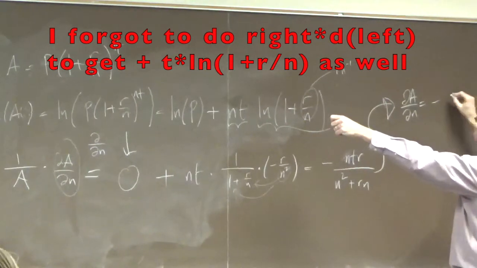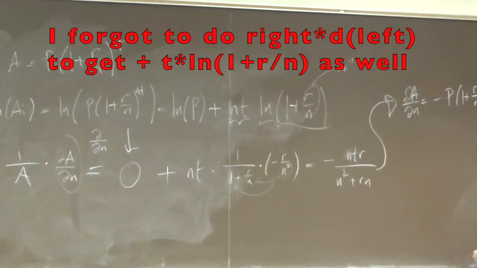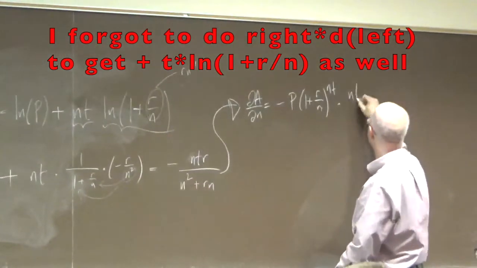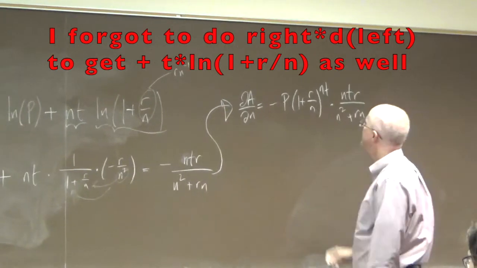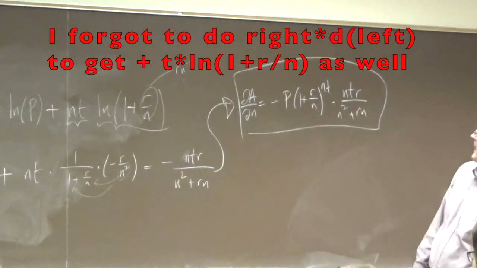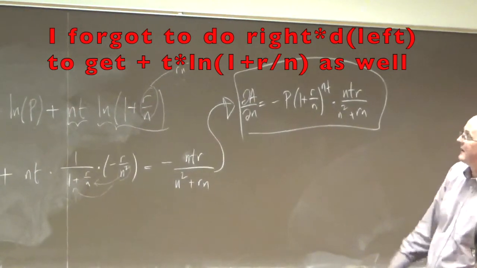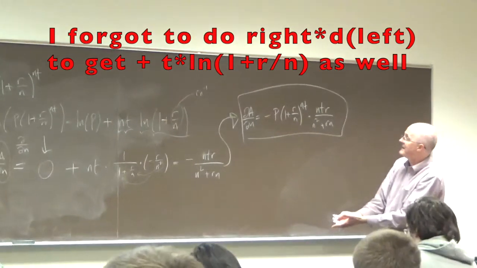Maybe bring the negative sign out in front. A equals this. Wow, what a crazy thing, huh? Make sure you check that after class, because I could have made a mistake. I hope it's right. The overall process is right. I hope I didn't make a mistake.